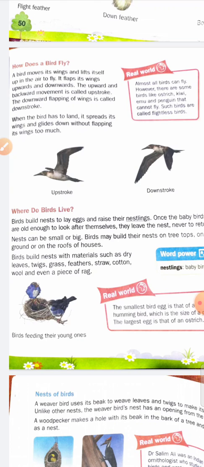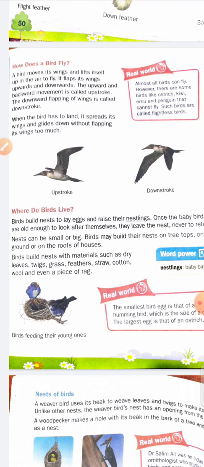Now the question arises: when it flaps its wings upward and downward, what happens? The upward and backward movement is called upstroke. And when the bird flaps the wing downward, that is called downstroke.